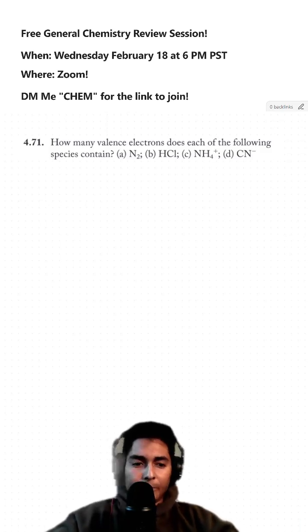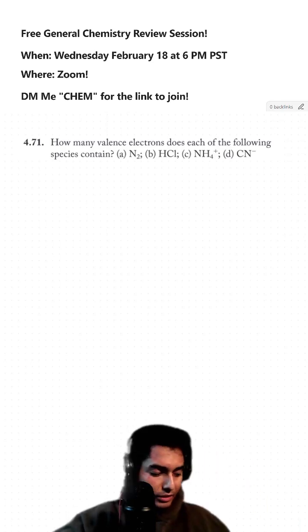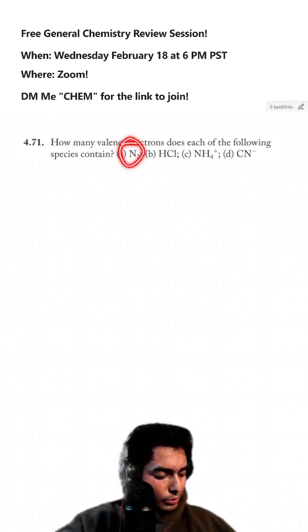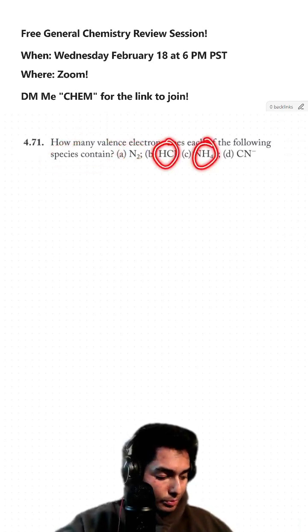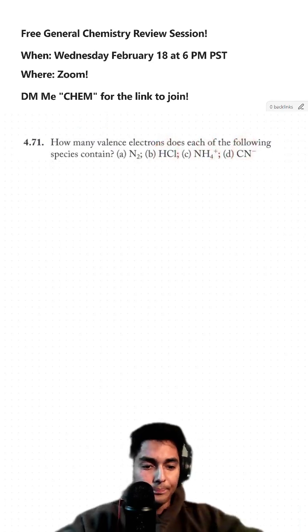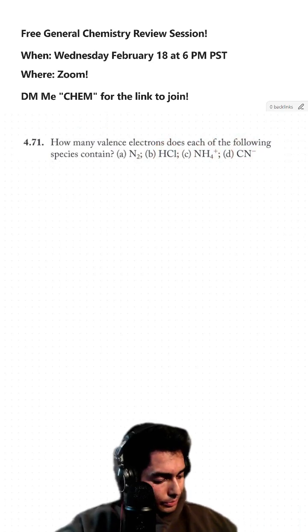And so here we have the first one here. How many valence electrons does each of the following species contain? So we have N2, HCl, NH4+, and CN-. Okay. So let's start off with N2.